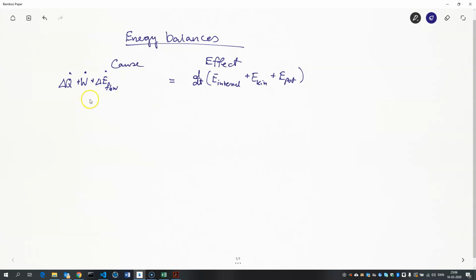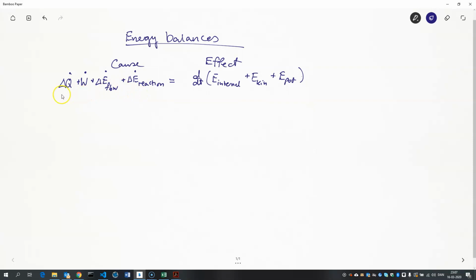So that flow brings energy to the system, because the constituents of the flow contain internal energy. And finally, if there's a chemical reaction taking place inside the reactor, that can change the energy of the system as well.